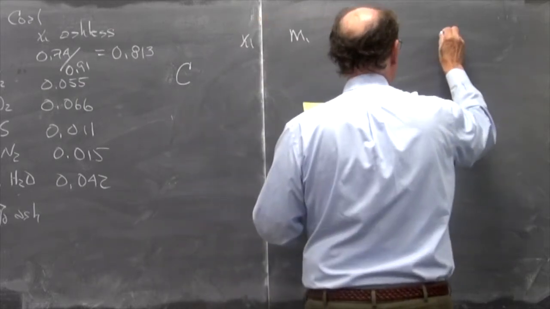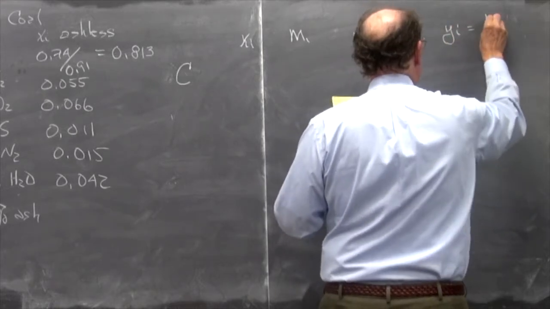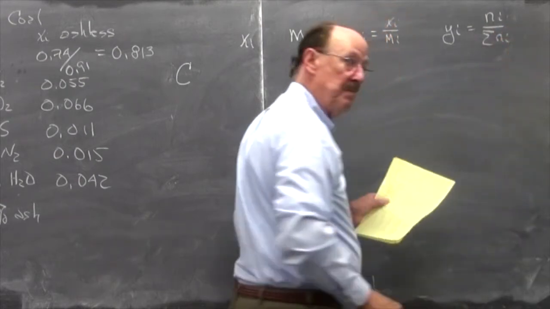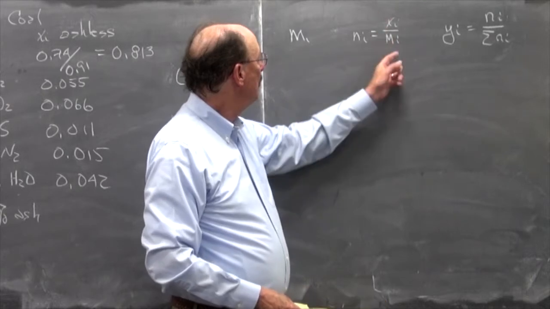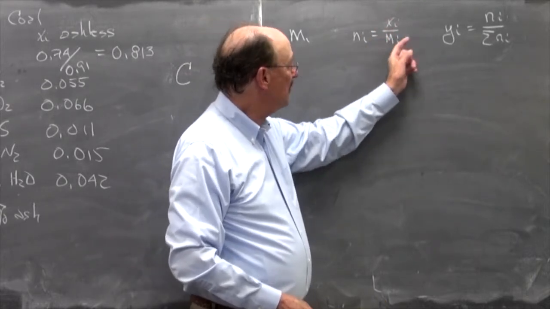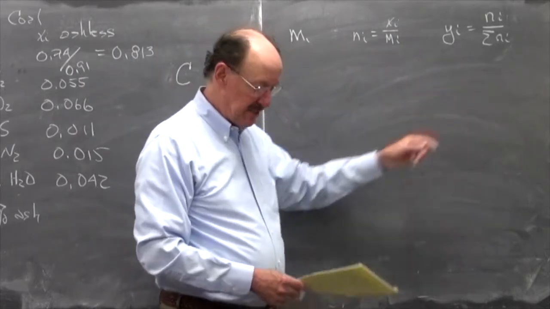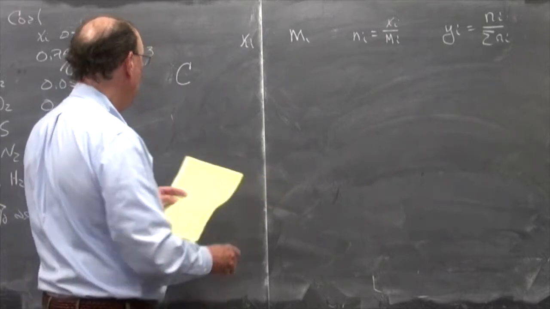And I'm going to have eventually Yi, which is Ni over the sum of the Ni. So this information along the top, you're given some of this, but not all of it, and where it comes from. So this is the process that goes through. So I'll write this down and we'll see how it goes.